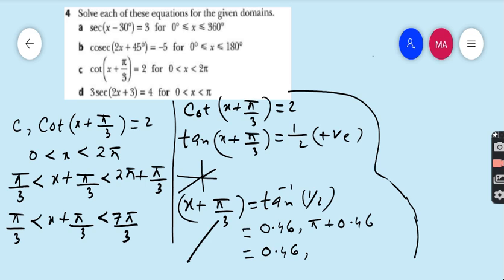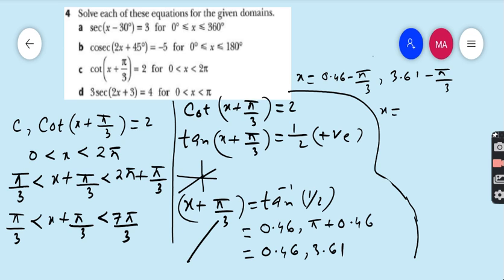So pi plus 0.46 is 3.61. Therefore, x is equal to 0.46 minus pi by 3 and 3.61 minus pi by 3.